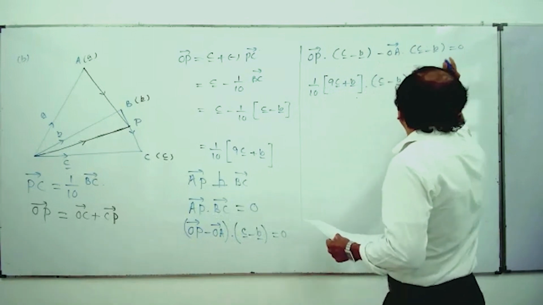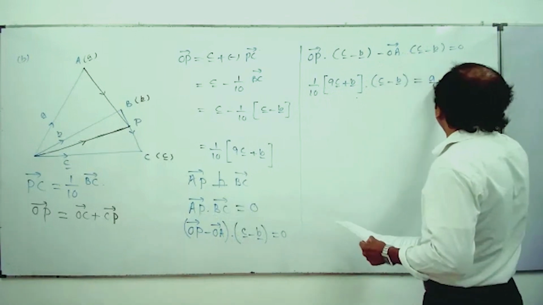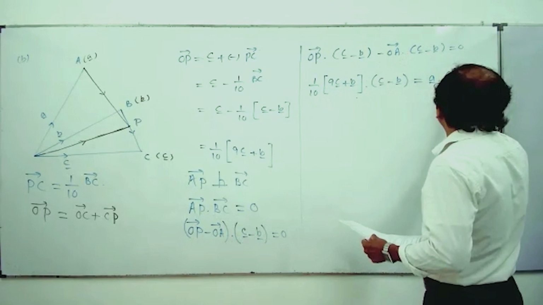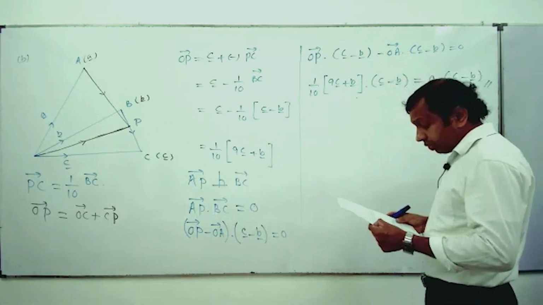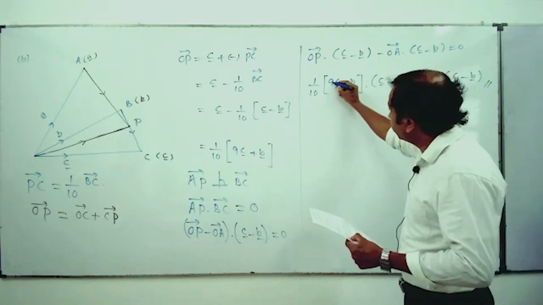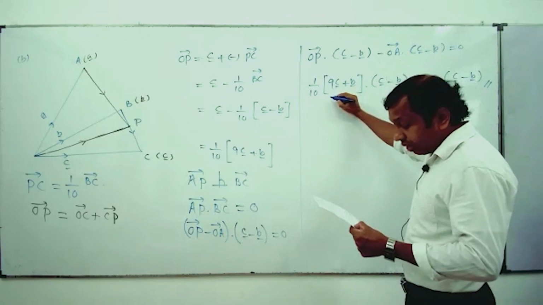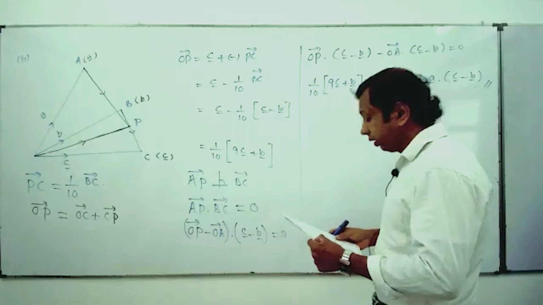Take this to the right hand side, that will be plus OA vector, which is simply a, a dot c minus b. In the question, the 9 here is printed as A, that should be corrected as 9.